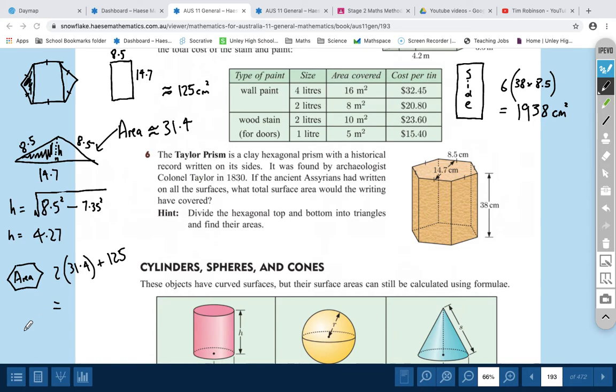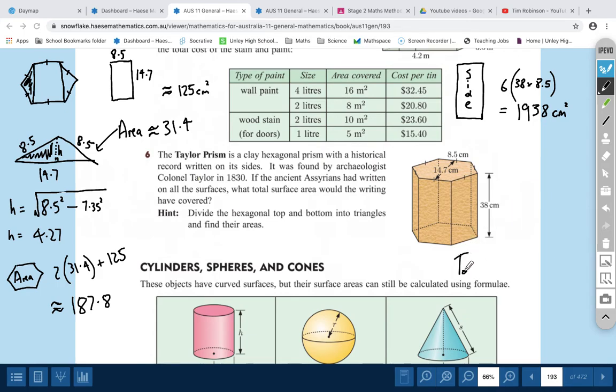So 31.4 times 2 plus 125, I get 187.75, 187.8 approximately. I think my rounding's tending to go up. Maybe my answer might end up slightly higher than the book. Well, who knows. So back to where we're working out our total surface area.